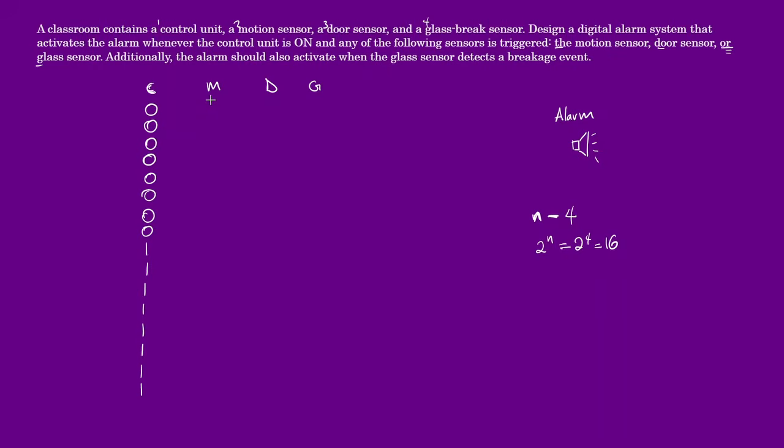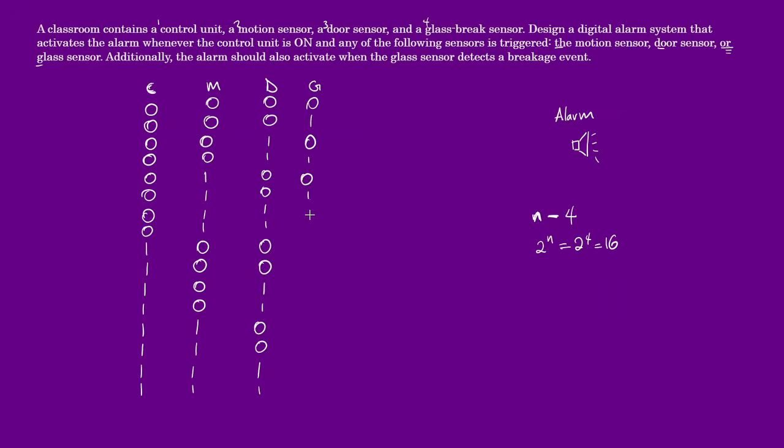So if I go this way, let's do 8 zeros, then 8 ones for the control unit, alternating 4 and 4, then 2 and 2, then 1 and 1 for the other columns.